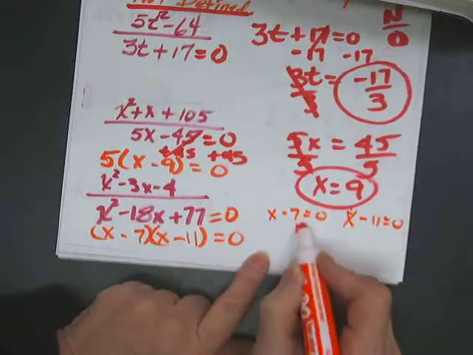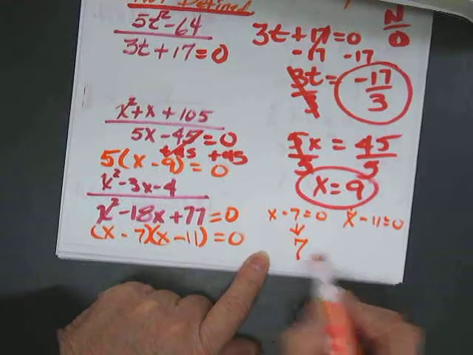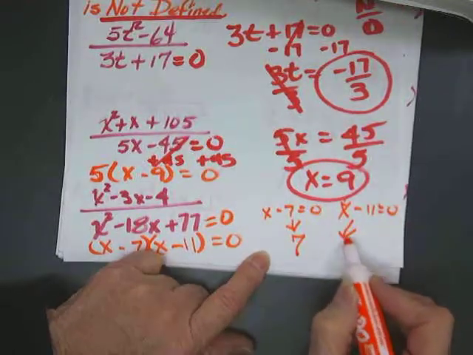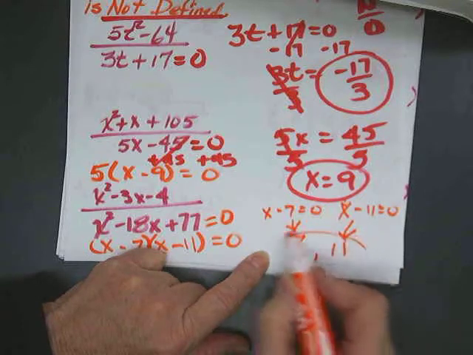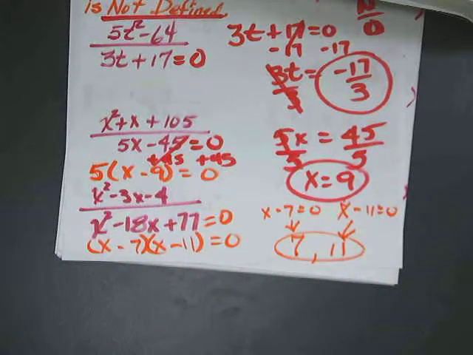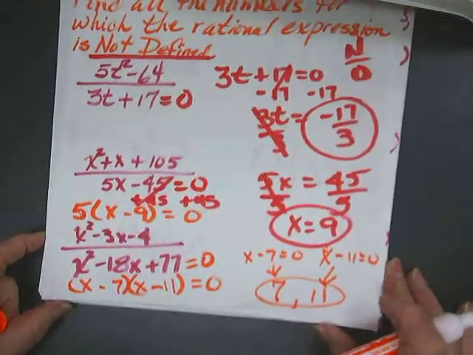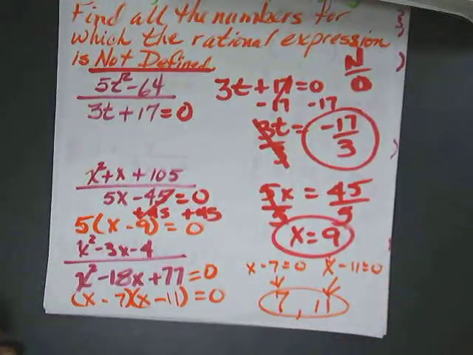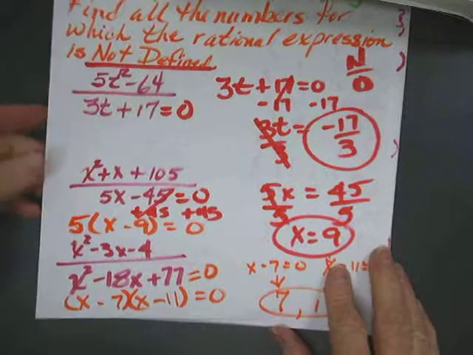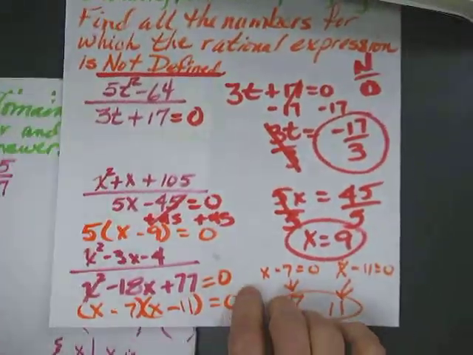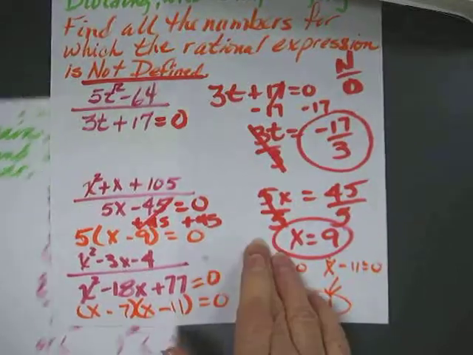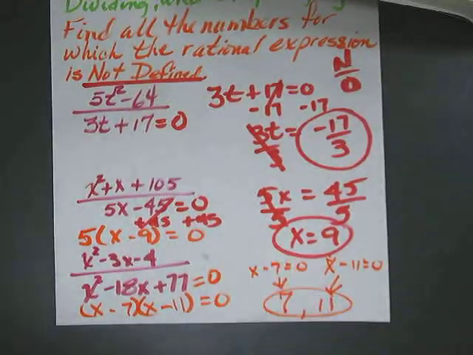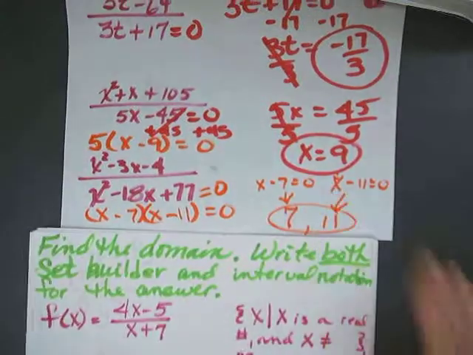So if you set that one equal to 0, you get what? 7. This one, and 11. So there's two numbers that would make the denominator 0. So that's how you figure out what would make it undefined. Set the denominator equal to 0. Okay? Everybody good with that? Okay.